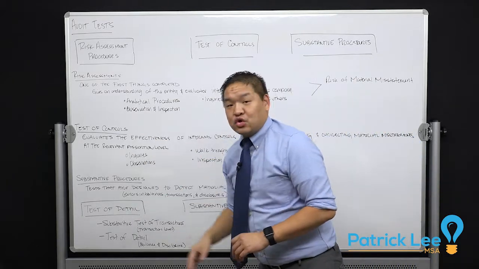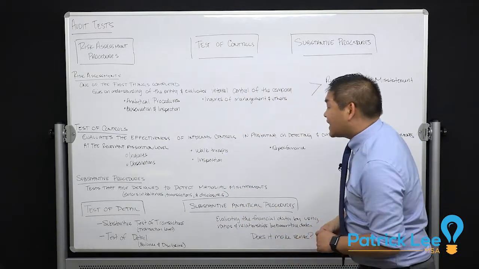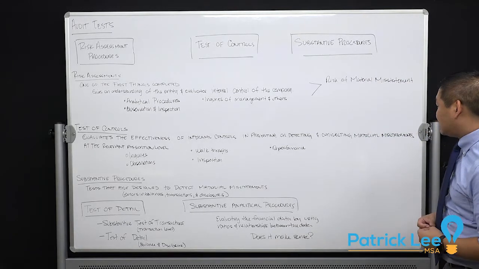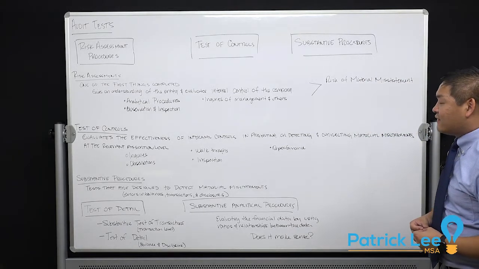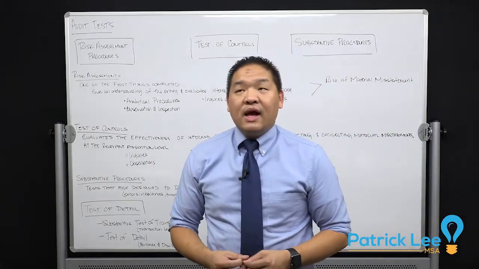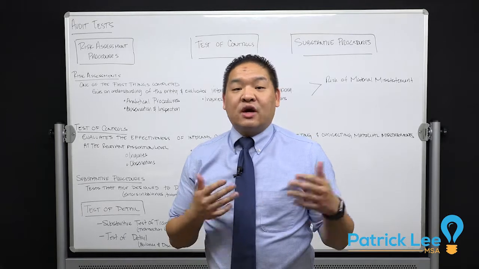Then the test of controls. The test of controls evaluates the effectiveness of internal controls in preventing or detecting and correcting material misstatements at the relevant assertion level. So when we say assertion, it would be what management asserts on their financial statement.